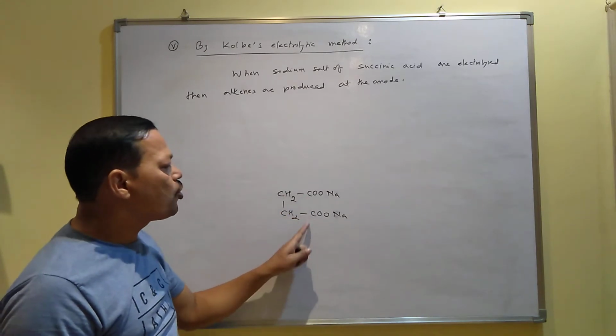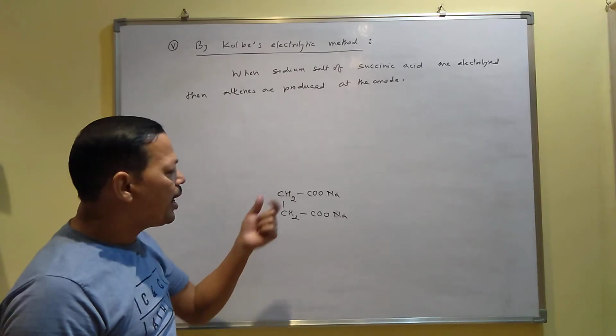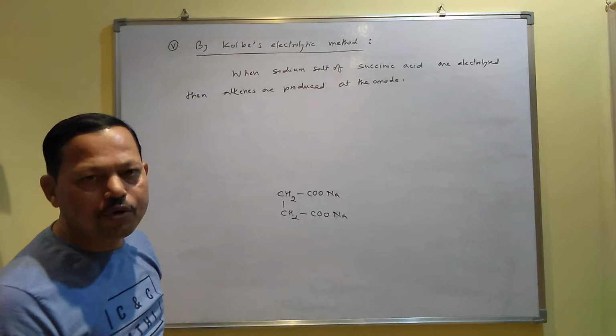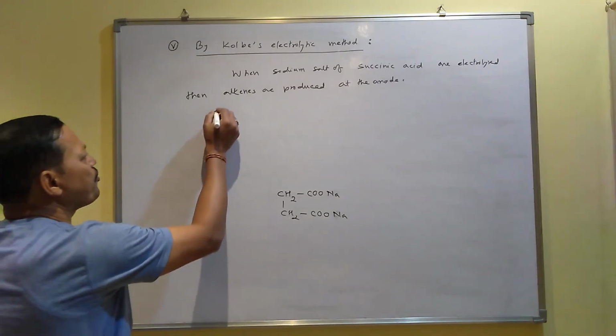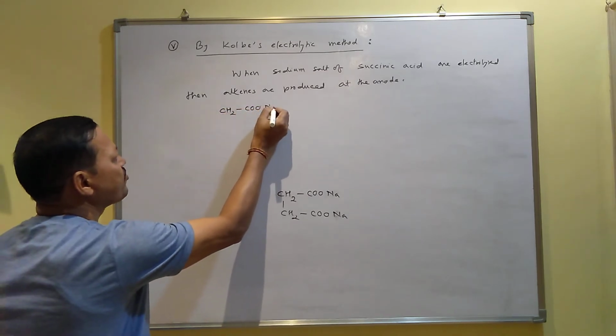When this sodium salt of succinic acid is electrolyzed, then at the anode you will get the alkene as the product. So how to get this? This is your sodium salt of succinic acid.